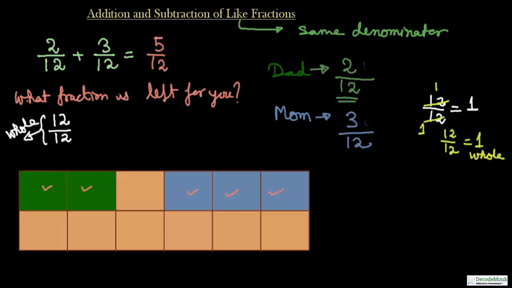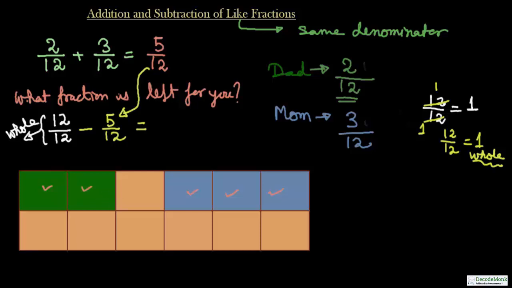This represents the whole Cadbury bar. Out of these 12 units, minus the part consumed by your parents, which is 5 upon 12, this is a subtraction problem.